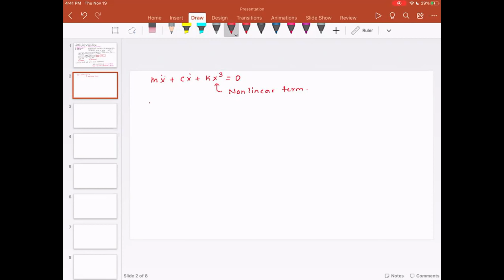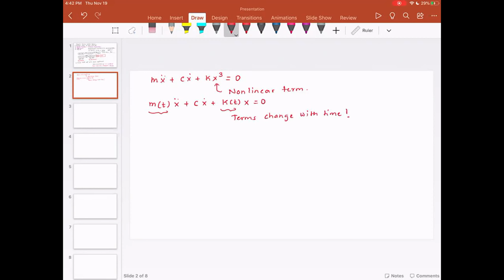The other type of equation Laplace transform cannot solve is something like this. In this particular case, you have a time varying mass and say you have a time varying stiffness. So here mass and stiffness, these two terms change with time.